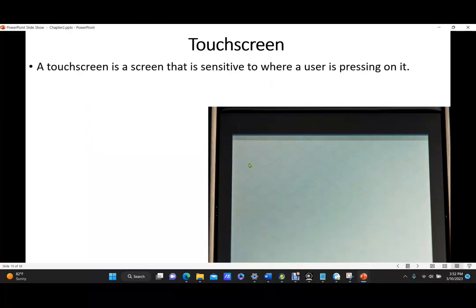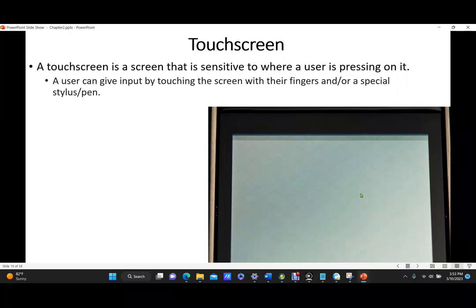Now, a touch screen is a screen that's sensitive to where the user presses on it. The user can give his input by touching the screen with his fingers or with a stylus.